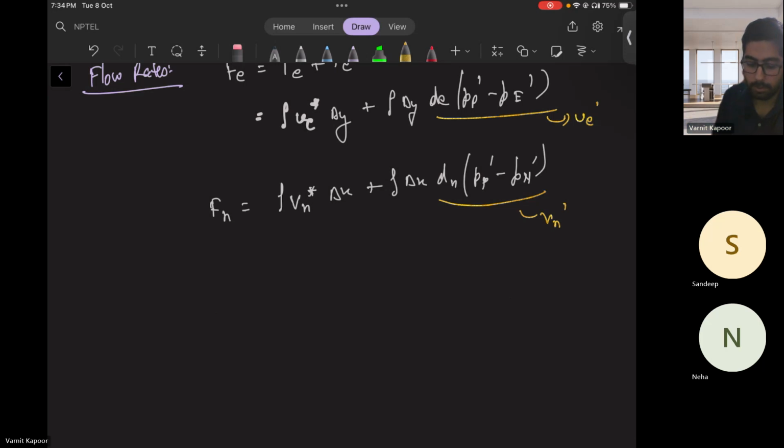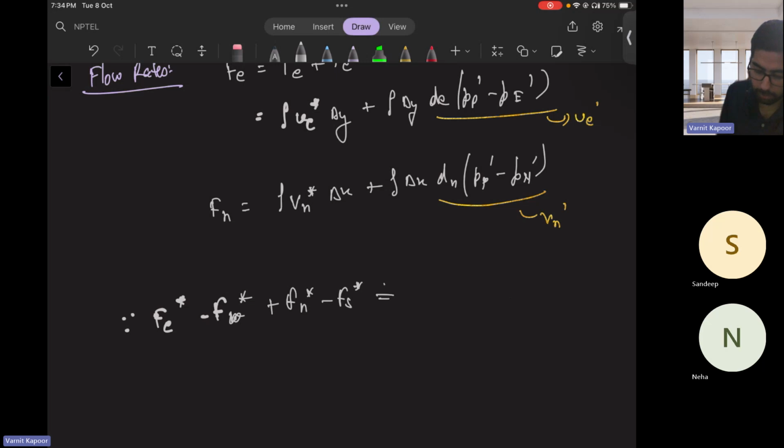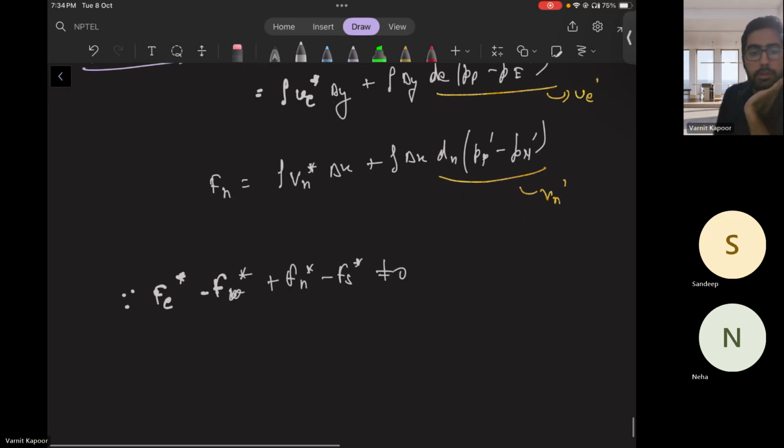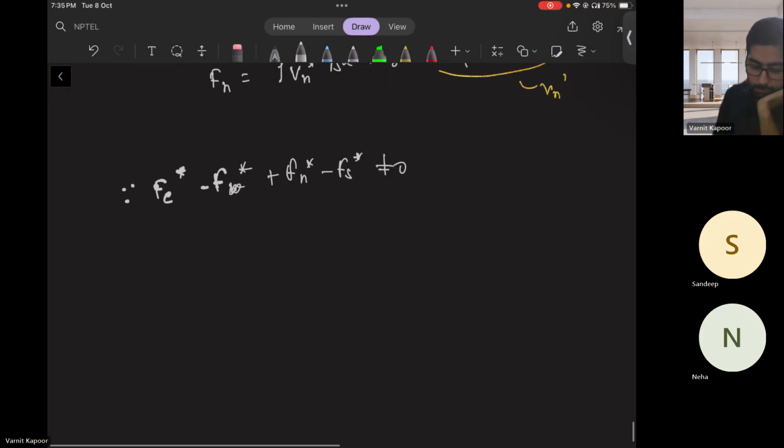Therefore, since Fe star minus Fw star plus Fn star minus Fs star is not equal to 0, we know that thing. But the corrected values do satisfy the continuity equation. That is, Fe minus Fw plus Fn minus Fs is equal to 0, satisfy continuity.